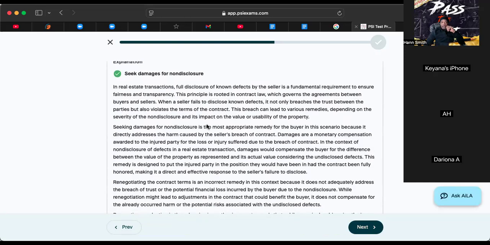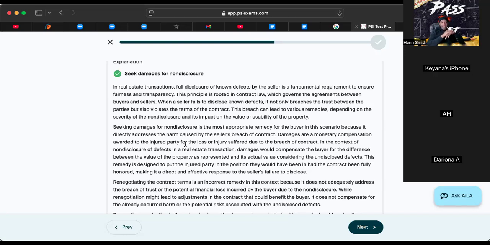Seek damages for non-disclosure is the most appropriate remedy for the buyer in this scenario because it directly addresses the harm caused by the seller's breach of contract. Damages are monetary compensation awarded to the injured party for the loss or injury suffered due to the breach of contract.